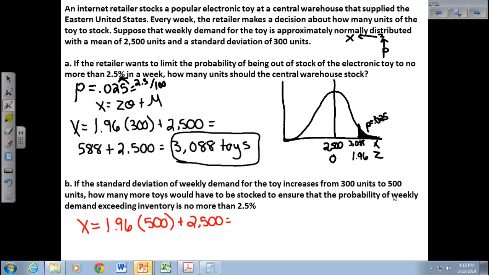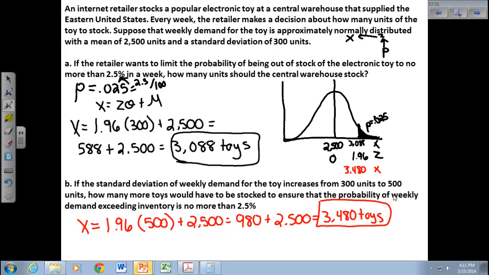Well, 1.96 times 500 gives you 980. 980 plus 2,500 gives you 3,480 toys. So for this distribution with this larger standard deviation, 3,480 would correspond to a z-score of 1.96.